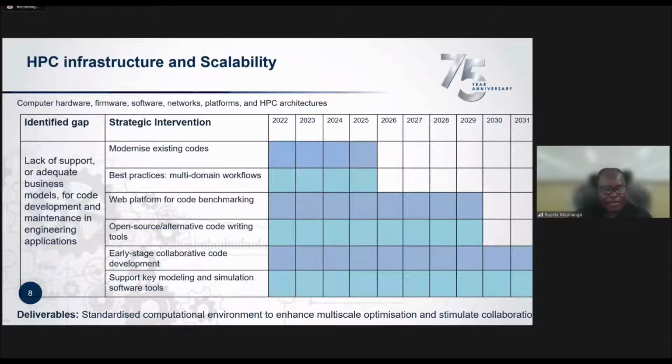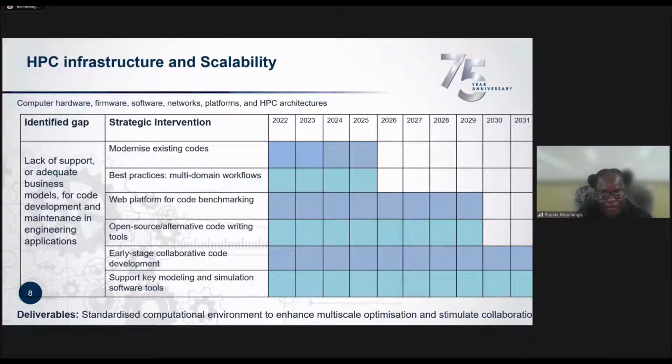Then also we have the HPC infrastructure and scalability. So this will include your computer hardware, firmware, software, networks, platforms, and HPC. So I think this is the area that even if it's identified as a program, we might not take control. This belongs to the CHPC, and I know that a lot has been done in this regard over the years.